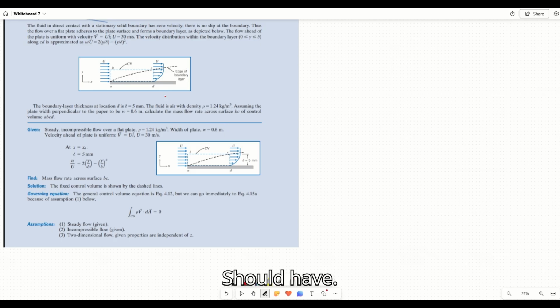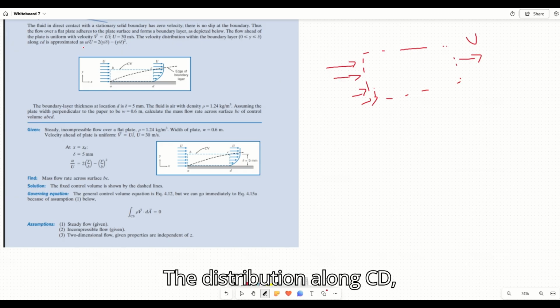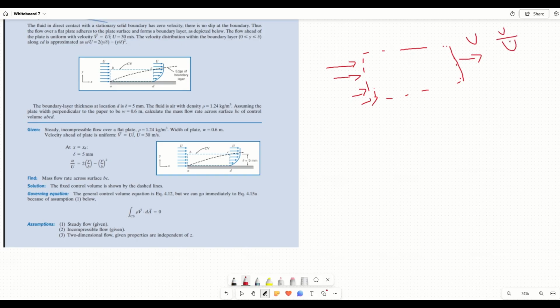So in our control volume, we'll have U here, the distribution along CD. So within the boundary layer along CD, so this is actually u over U.